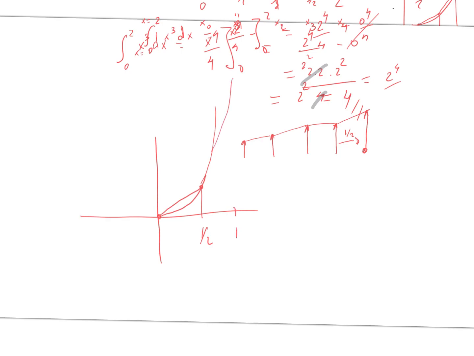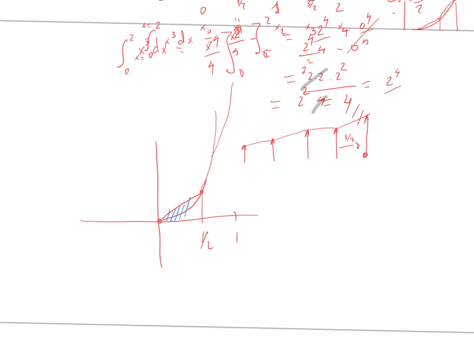You see that the area will be bigger than the actual area, and this will happen for all points. So that's why the approximated area using the trapezoidal rule is bigger than the actual area, and the exact area is 4.